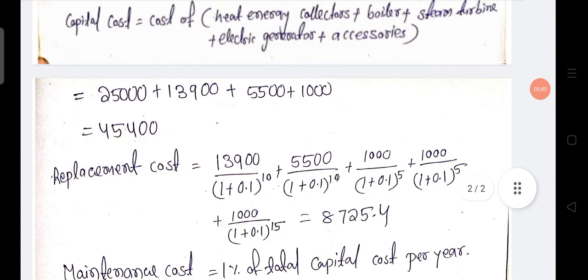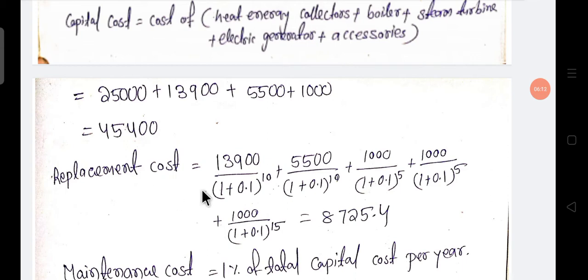Next we calculate the replacement cost. Replacement cost means the cost which is used in future to repair or replace that instrument or that engine.